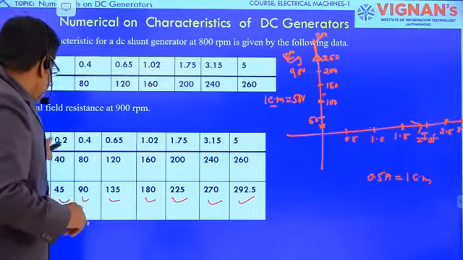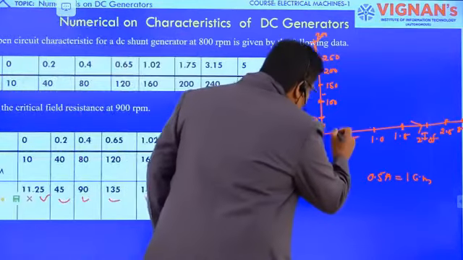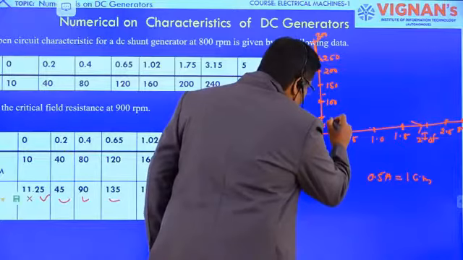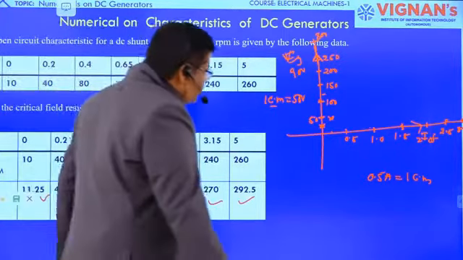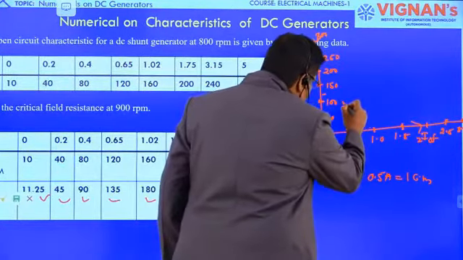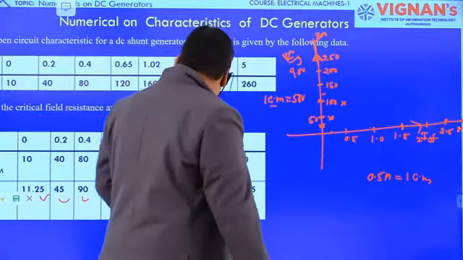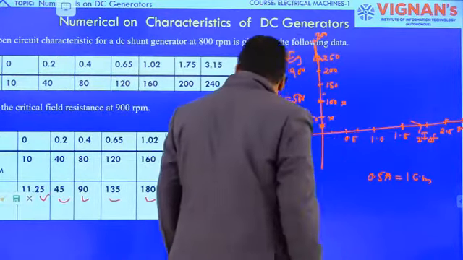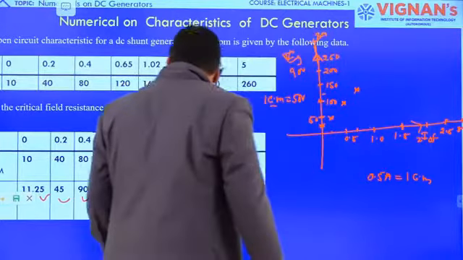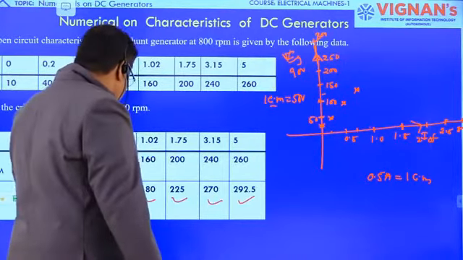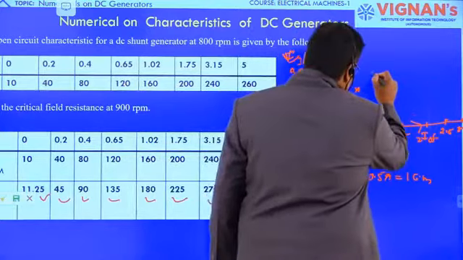The second one, 0.2 amperes, 45 volts, is another point. 0.4, you get 90 volts, the third point. 0.65, we get 135 volts, one more point. Next, 1.0 to 180 volts, one more point.